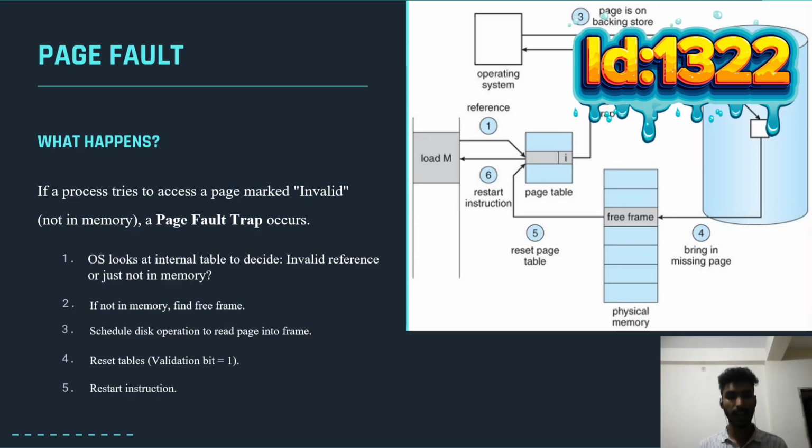If valid, it finds a free frame and loads that page from disk into memory. After that, the page table is updated, the page becomes valid, and the instruction is restarted. This ensures seamless execution even when data is not immediately available.